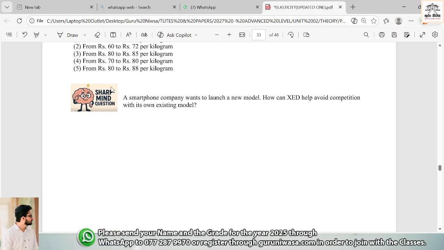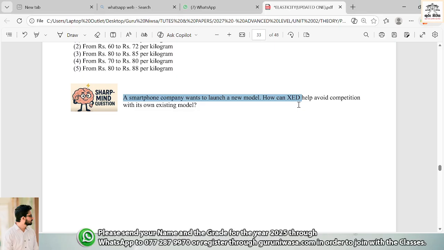Then you can do this question as homework. A smartphone company wants to launch a new model. How can XED help avoid competition with its own existing model? One mobile phone company wants to launch a new model. Now there are some existing models, some phone brands in the market.